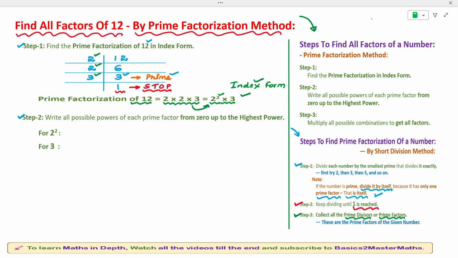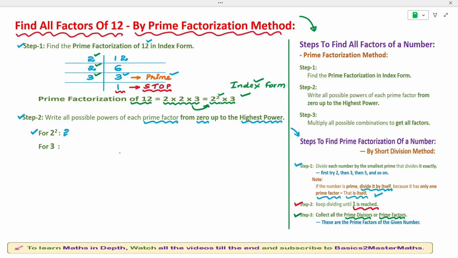Step 2. Write all possible powers of each factor from 0 up to the highest power. Let us write all possible powers of 2 to the power 2.